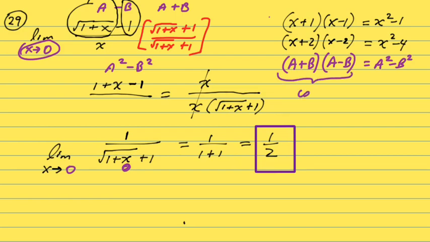These are called conjugates. Can't spell conjugates. Okay? Conjugates. So basically this red part is the conjugate of the numerator. Instead of the radical minus 1, you use a radical plus 1.